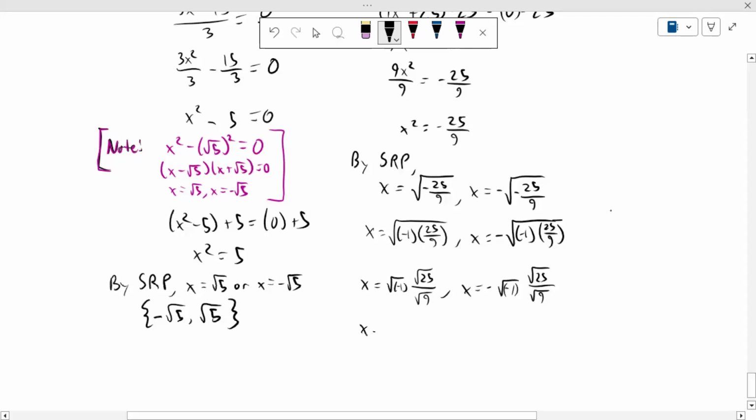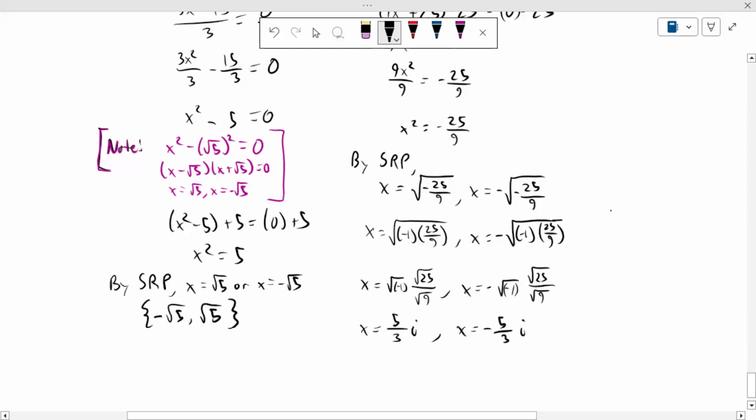And so we can simplify. The square root of 25 is just 5, the square root of 9 is just 3, so we get 5/3. The square root of negative 1 is just i. Same thing here, except now we have a negative sign, so we get negative 5/3 i.